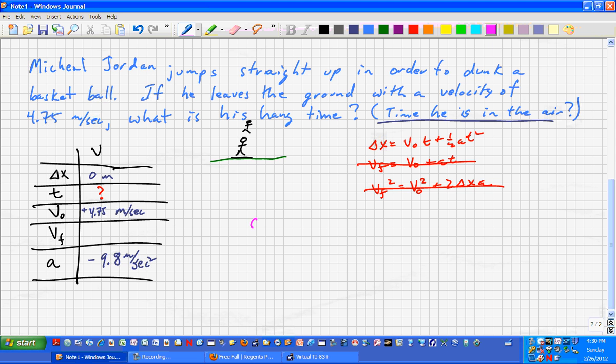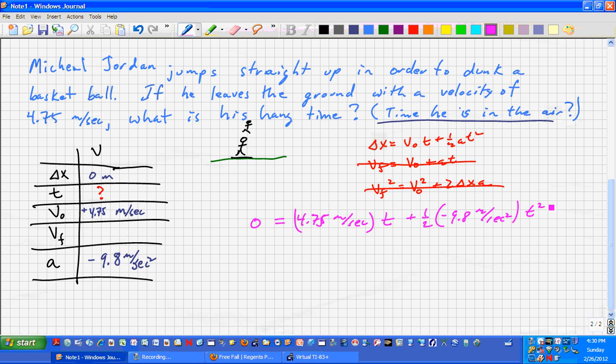I've got a change in position of 0 equal to v initial t, so 4.75 meters per second times time plus 1/2 times negative 9.8 meters per second squared times time squared.